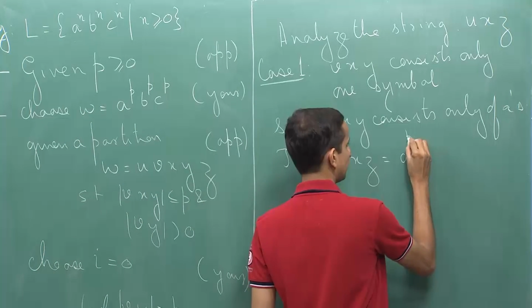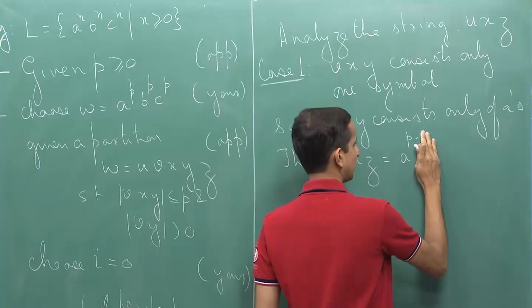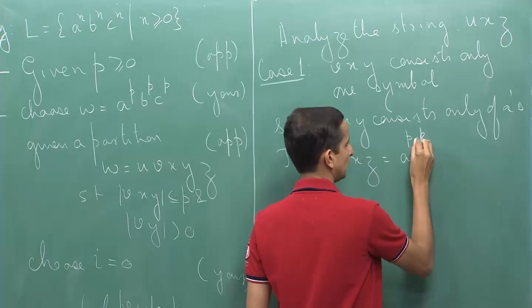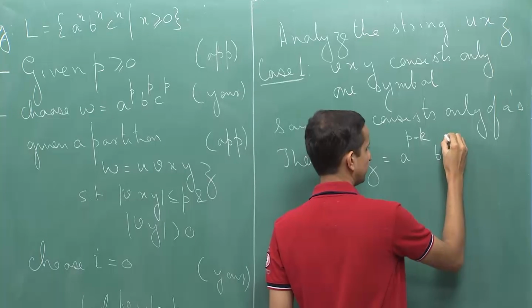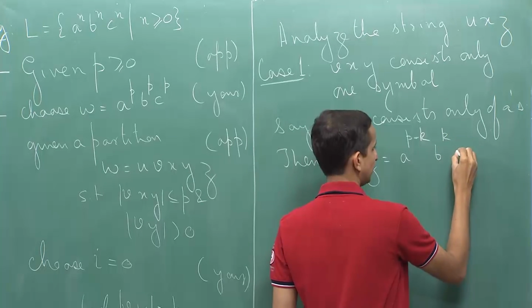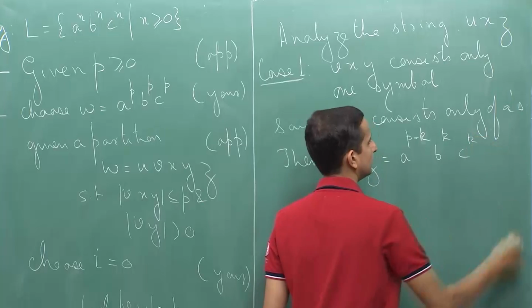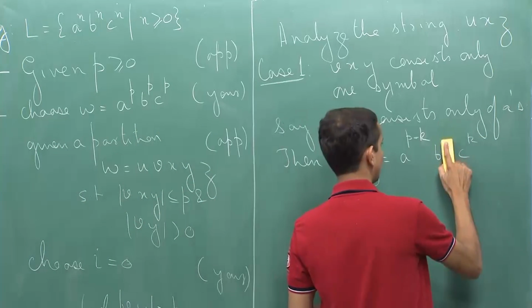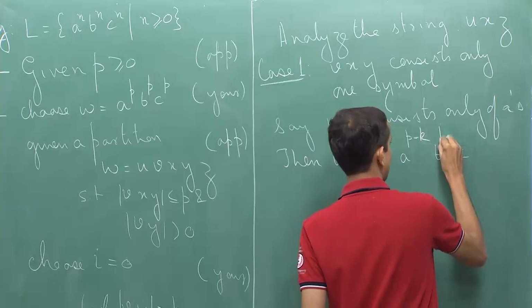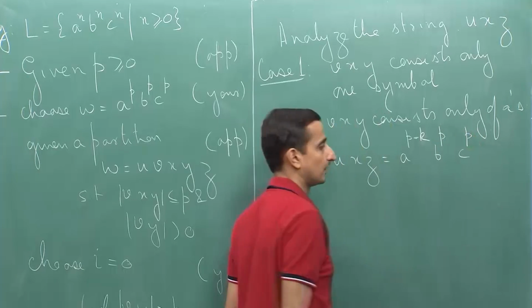So it is a to the power p minus k, and b's and c's remain the same: b to the power p and c to the power p.